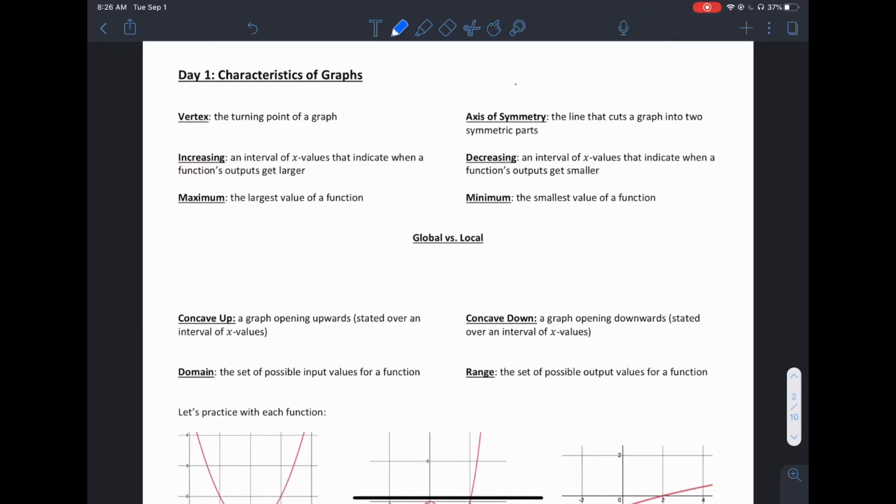All right, but one concept that we do need to talk about is global versus local, and we usually apply those to maximums and minimums. A local maximum or minimum, depending on if you're thinking about a peak or a valley of a graph, is an area where it's the smallest or largest value around.